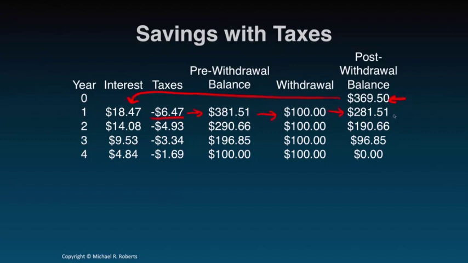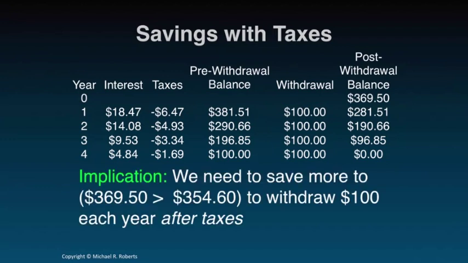We continue that process for a few more years, and at the end of 4 years, we're left with nothing in the bank account, and we've been able to pull out $100 each year. So what's the implication? Well, we need to save more to withdraw $100 per year after taxes, right? In particular, we need to save $369.50 as opposed to the $354.60.